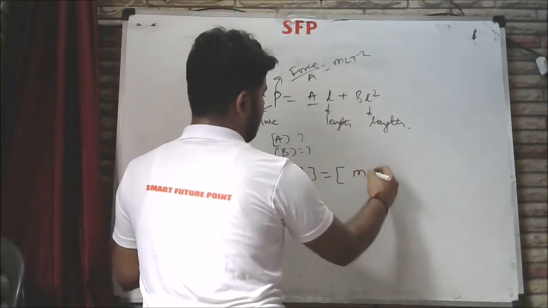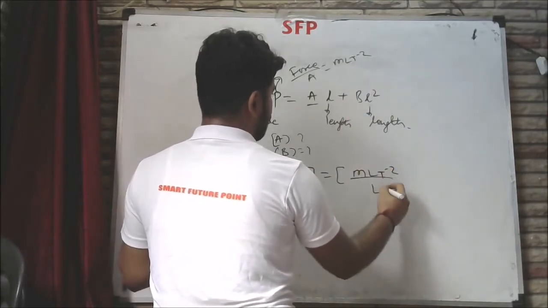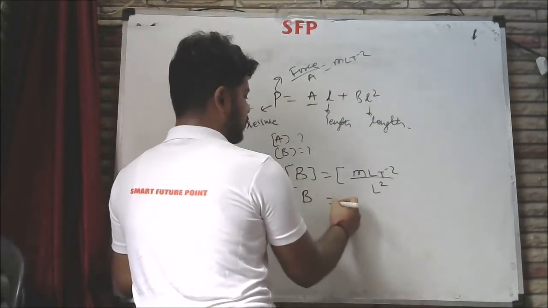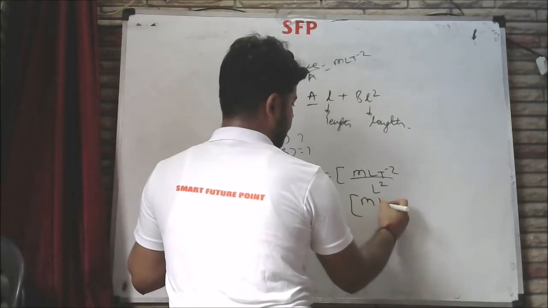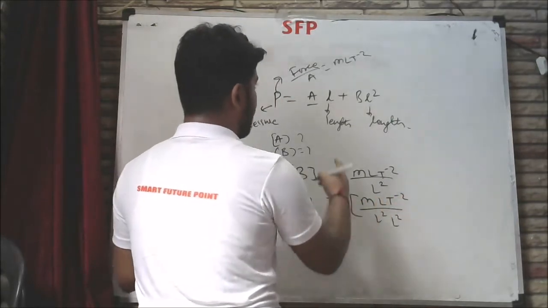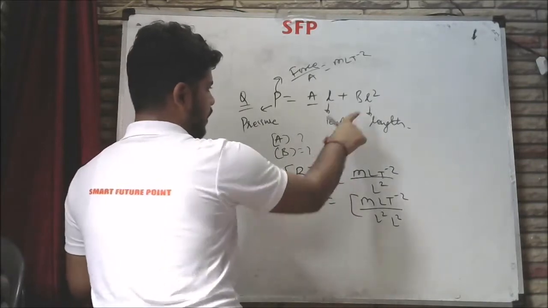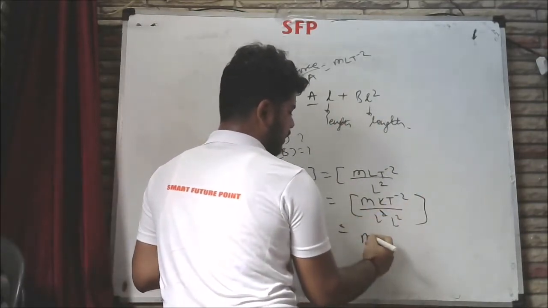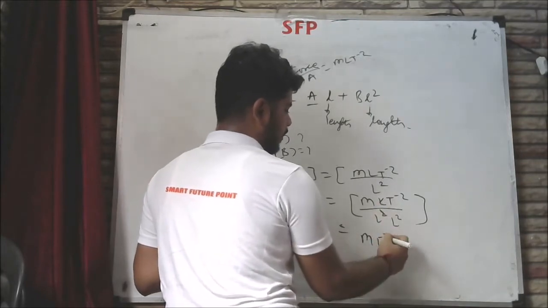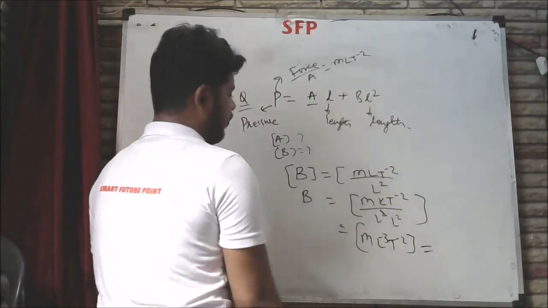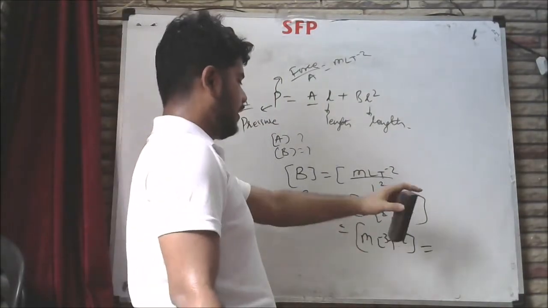Pressure we have found is MLT minus 2 by L square. B has also L square, so it will be MLT minus 2 by L square, again this L square will go downward. This is nothing but L to the power 2 plus 1 minus 3 T minus 2. So this gives you ML minus 3 T minus 2.